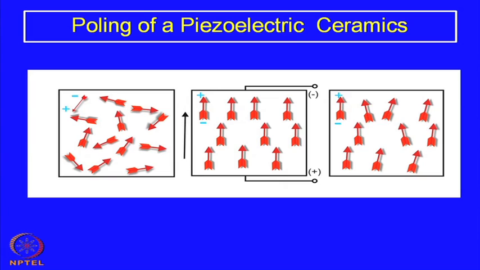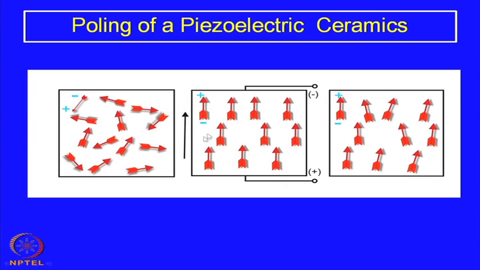However, when we apply an electric field, they get aligned. All of them get aligned in a particular direction depending on the application direction of the applied field.